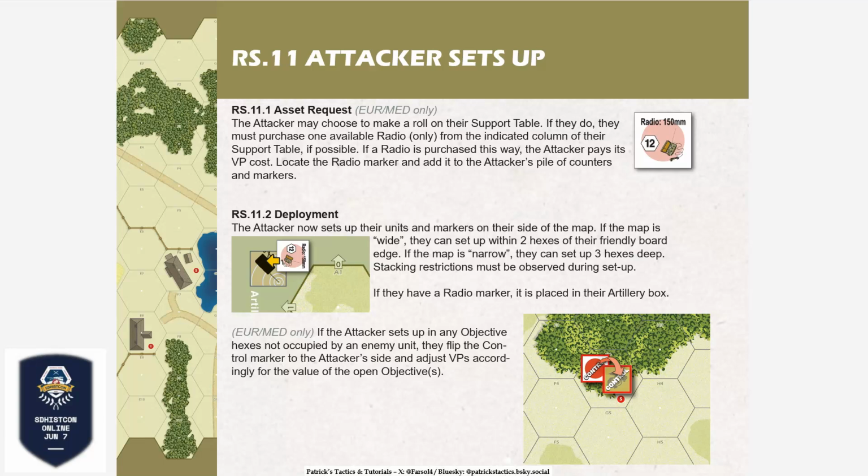And I always come back to, especially with the Europe and Med, take the shot at getting a radio. If you do, fantastic. And if you are fortunate enough, I believe many of the radios in Europe, I know the ones in Pacific, as you see here, do not, but the ones in Europe have the opportunity to provide a smoke barrage.